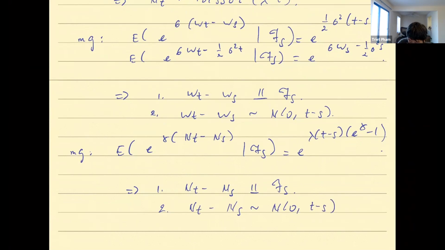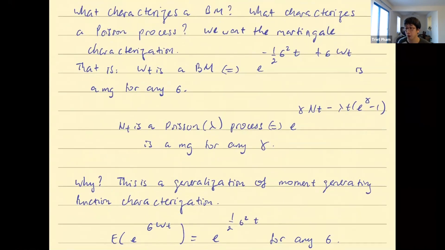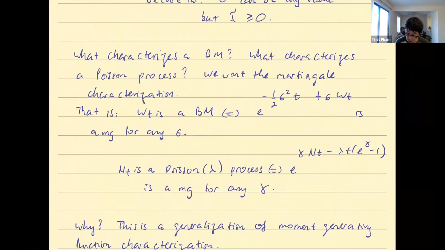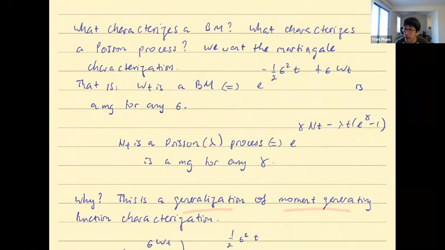What am I saying here? There's nothing normal here. Poisson. Okay, like that. Any question? So what I just showed you is a more detailed explanation of the martingale characterization of Poisson process and Brownian motion, which is just a generalization of the moment generating function technique.